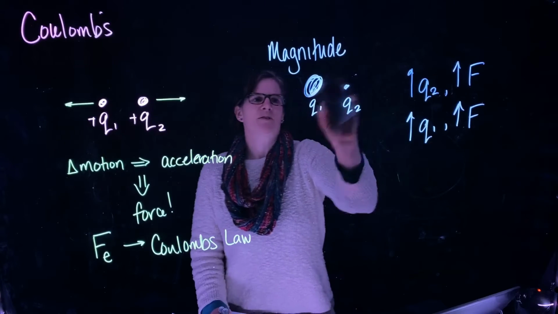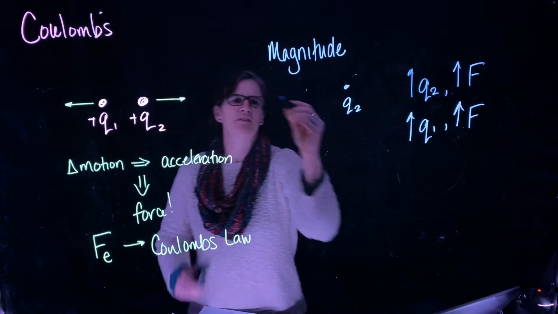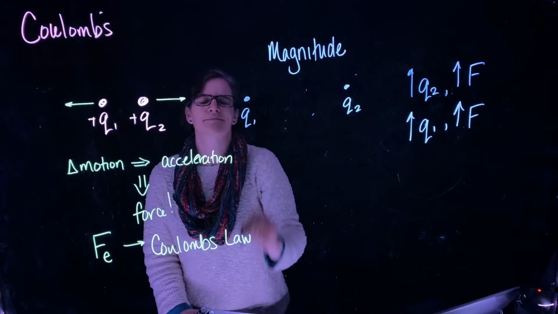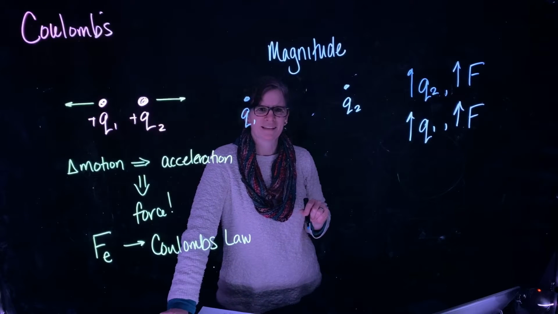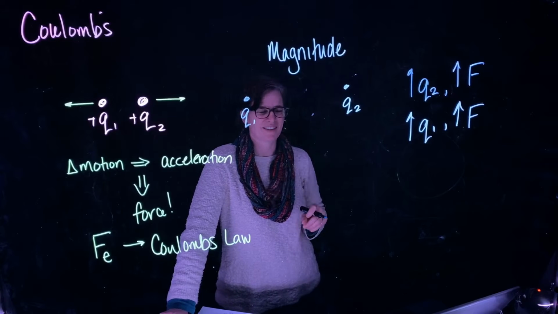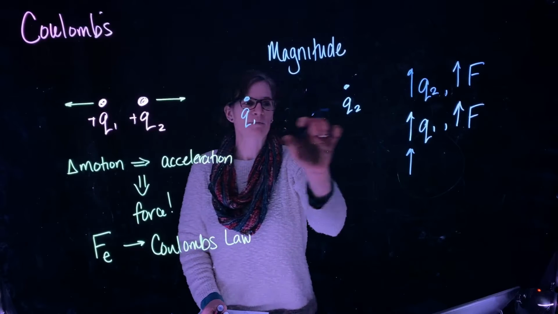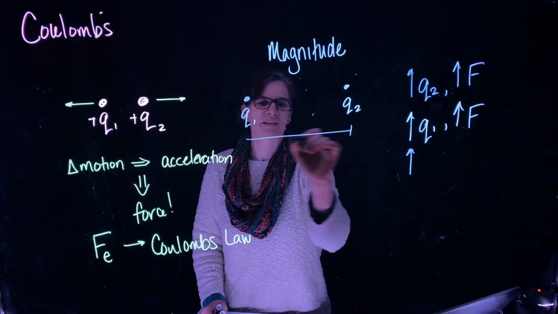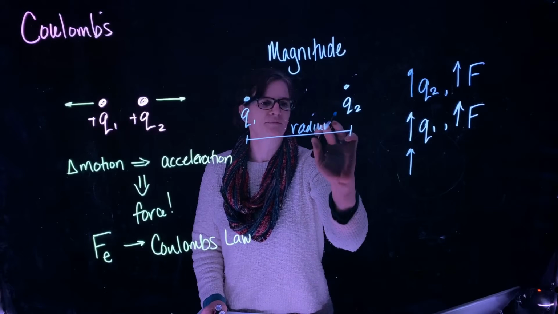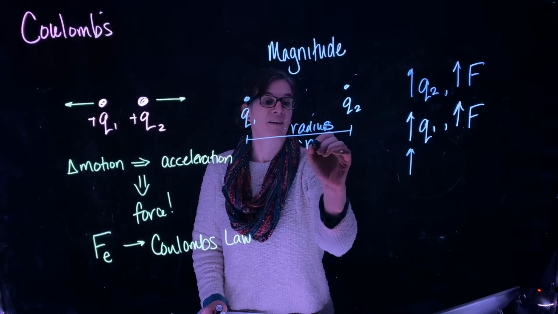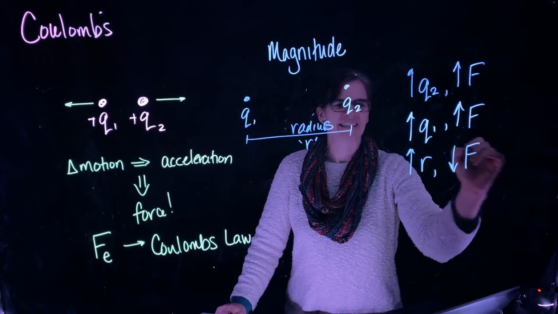Now, what else can I do? What if I take Q1 and I don't necessarily make it larger, but I put it really, really far away? Is that force going to increase or decrease? Well, they're not as close to one another, and it turns out if I increase the distance between these two, which we're going to call the radius, or R, I decrease the force.